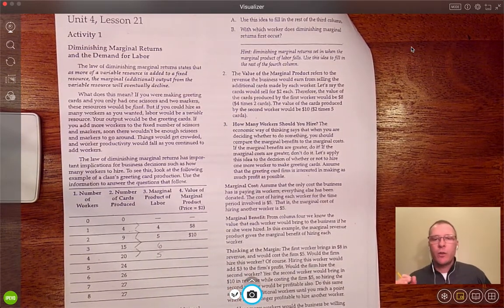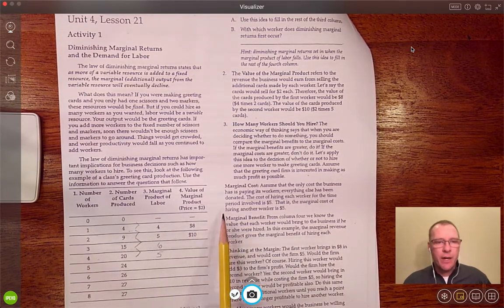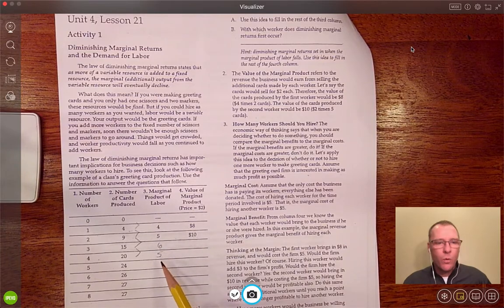So the first worker hired causes me to gain $8 of value. The second worker is bringing in 5 cards, times the 2, is bringing in $10 of value. You can complete this whole list down, then multiply them by the $2, and you'll be able to see how much every single person brings you all the way through.